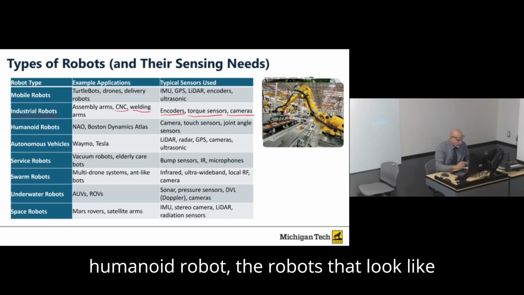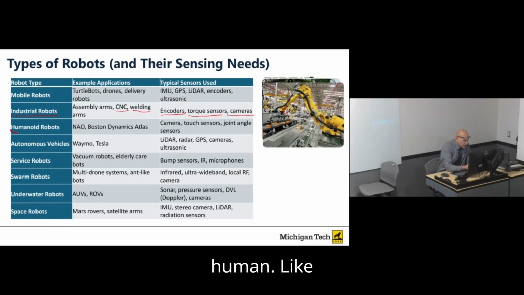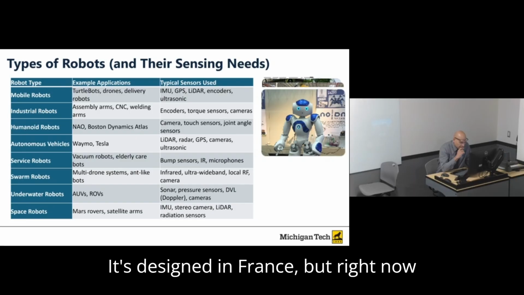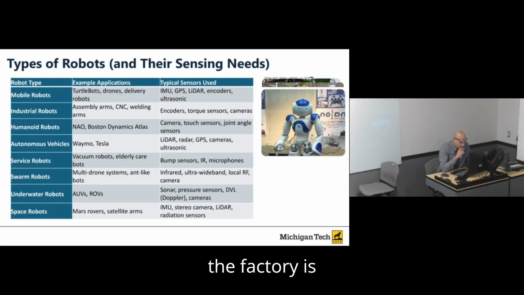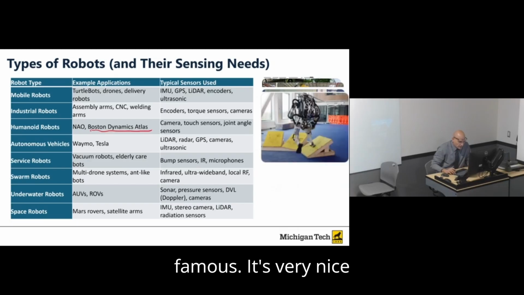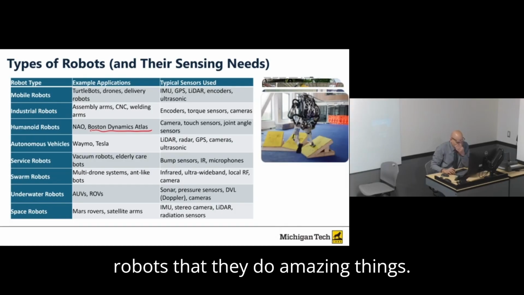We have humanoid robots, the robots that look like humans, like this nice humanoid robot. It's designed in France, but right now the factory is in Japan. And Boston Dynamics, of course, is very famous. They are very nice robots that do amazing things.